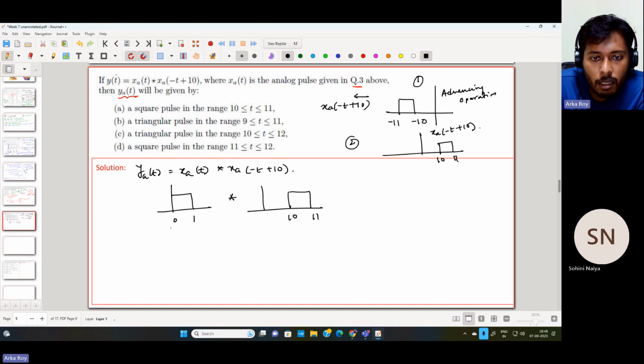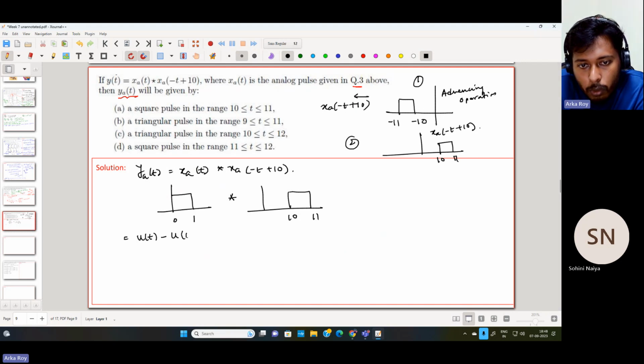If I have to construct it in terms of equations, it will be u(t) minus u(t minus 1). Just now we have seen how u(t) and u(t minus 1) give this square pulse representation. Likewise, I can write it as u(t minus 10) minus u(t minus 11).